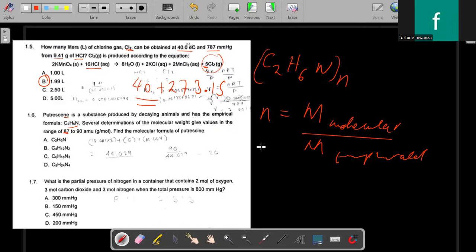In this case, we need the molar mass of our molecule.